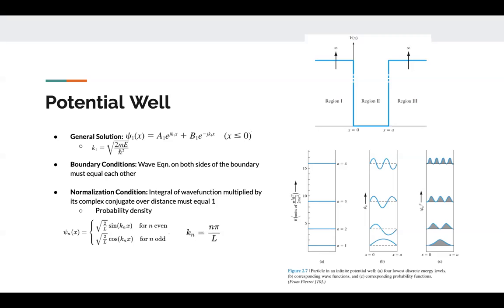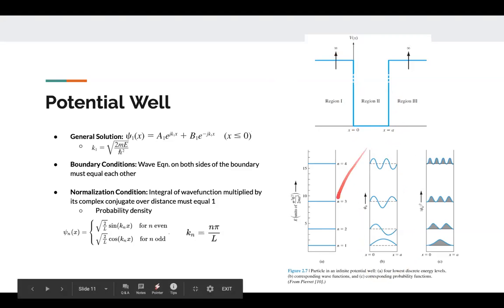So if one side is 0, then the other side is 0. And you can actually see that if you look at the figure, where at the two ends of the nodes, down in figure B, the waves actually meet up at that 0 point at the energy levels.